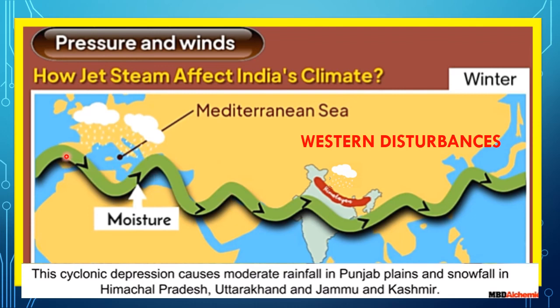This is called western disturbances, because they are flowing from west to east, and this rainfall is very useful for Punjab, especially for the rabi crop wheat.